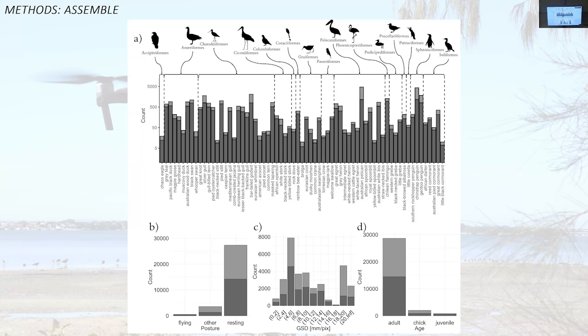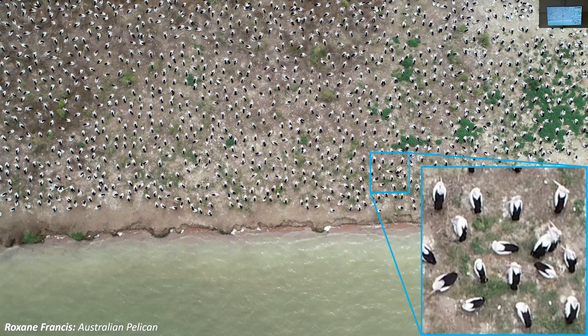So the pose of the birds or the posture of the birds, whether they were flying or resting or another posture that didn't fit into those two categories. The middle one is the ground sampling distance, which is the resolution of the image. So most of our images were really high resolution, but we had a wide range of resolutions there as well. And the bottom right here, letter D, is the age. Most of our birds were adult birds, but we did have some juveniles and some chicks in the data set as well.